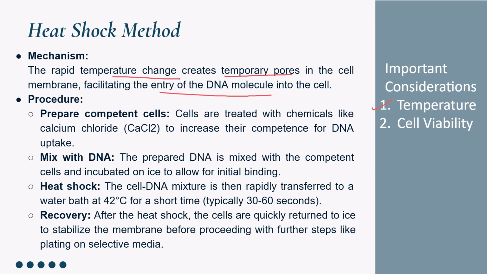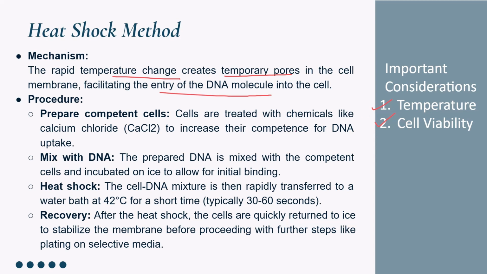And the cell viability, whatever method we are applying, we have to make sure that the cells are viable. The cells are not getting damaged during the process of transfection, while we apply the different transfection strategies. So we have to select the transfection strategy that facilitates the most viable condition of our cells.